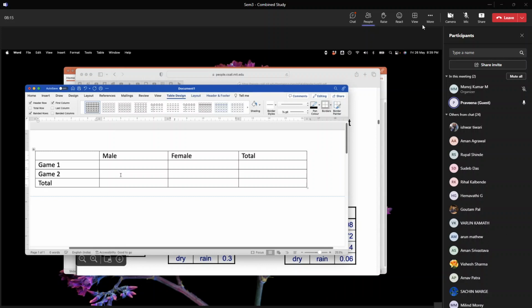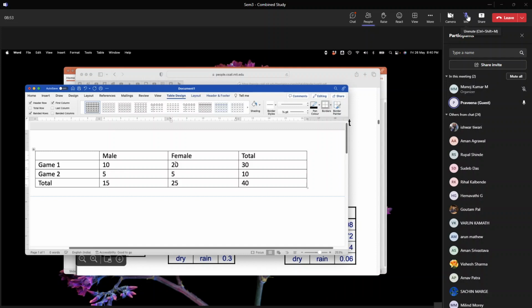Let's say 10, 20, so that it will be 30. And let's say this is 5, so this will become 15. Give me some numbers so that I can make this 30. So here it has to be 10, this will be 5, so this is 25. 25 plus 15 is 40.